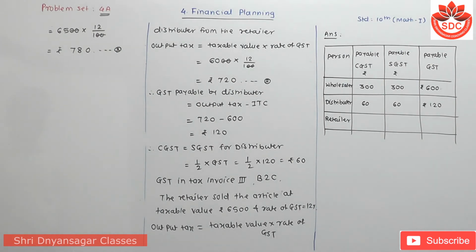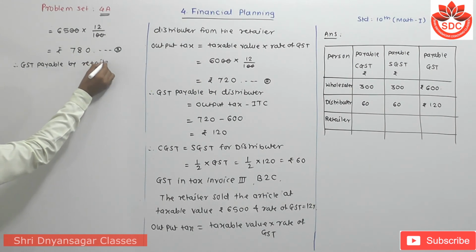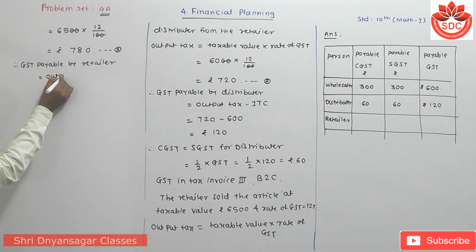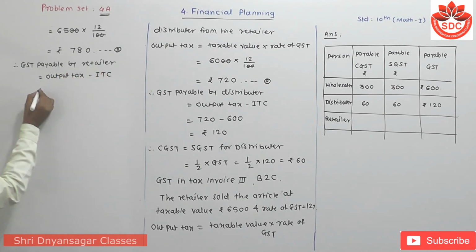This is the taxable output tax for this retailer. Now students, we have to find out the GST payable by this retailer. GST payable by the retailer is equal to output tax minus ITC.